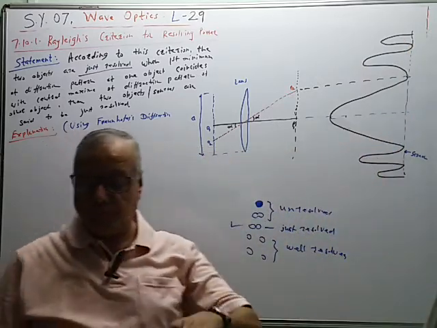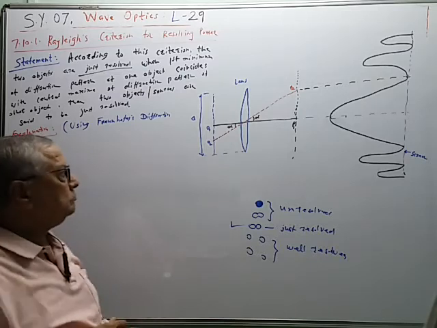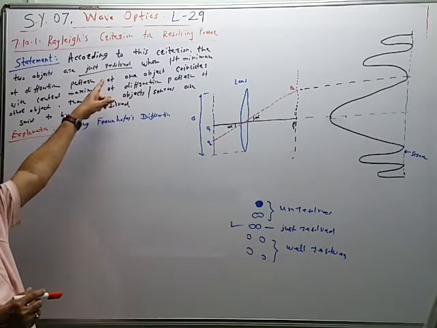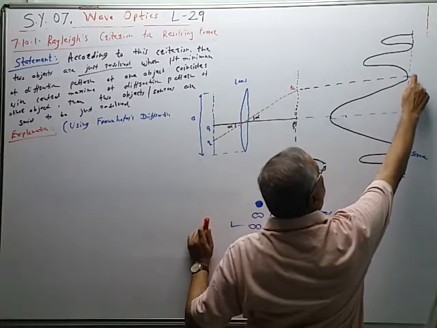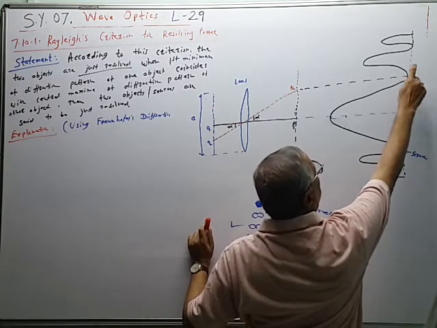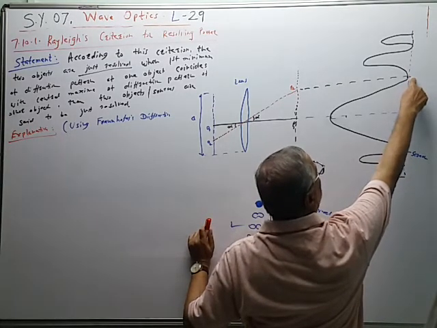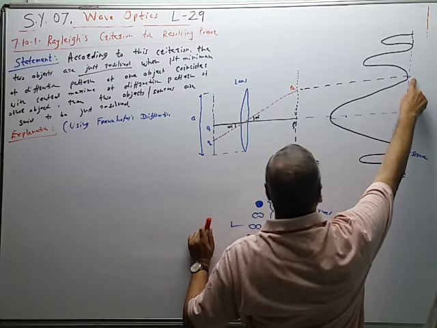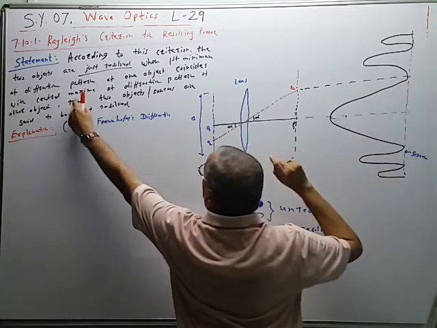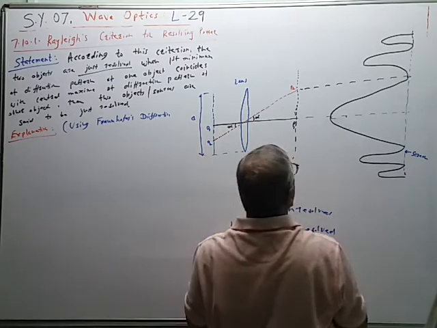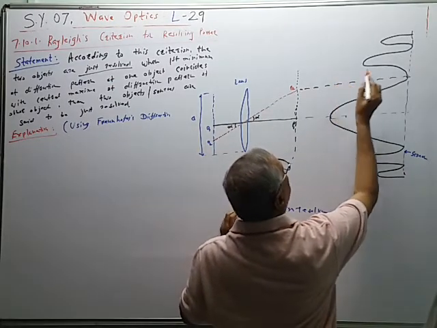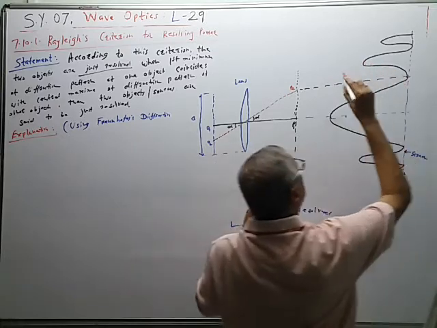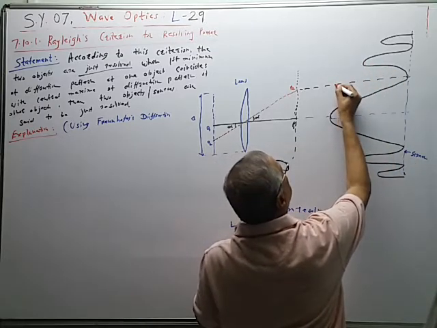Now, according to this criteria, this is the first minimum. The first minimum of the diffraction pattern of one object should coincide with the central maximum of the diffraction pattern of the other, P2. So the graph is like this.